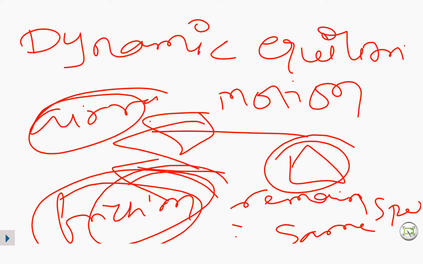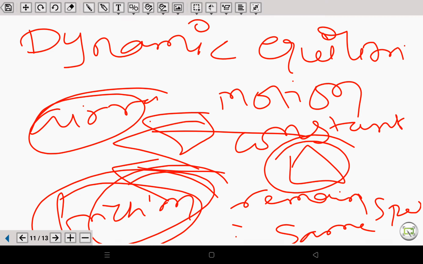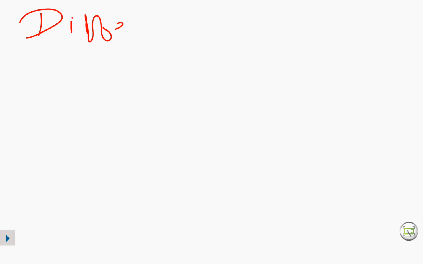If it remains constant, in simple words we say, if it remains constant, then it is said to be in dynamic equilibrium. So firstly we will see the difference between static and dynamic equilibrium.